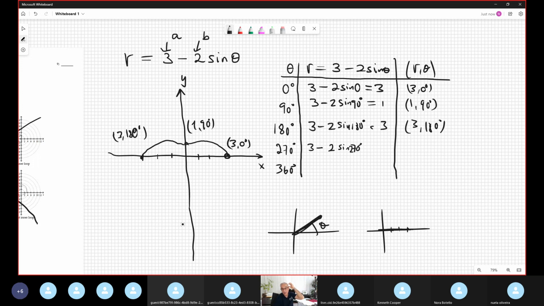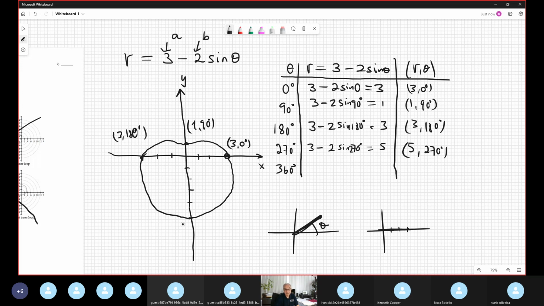Sine 270 degrees is negative 1. So negative 1 times negative 2 is positive 2, and 3 plus 2 is 5. The point is (5, 270 degrees). So 1, 2, 3, 4, and 5. Wow, fantastic, our limaçon. I like this limaçon.